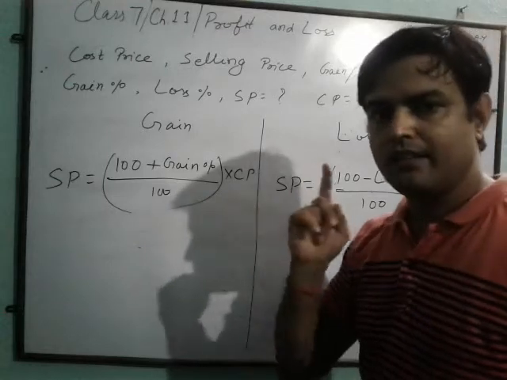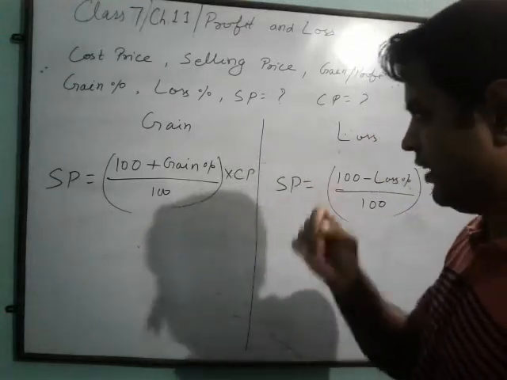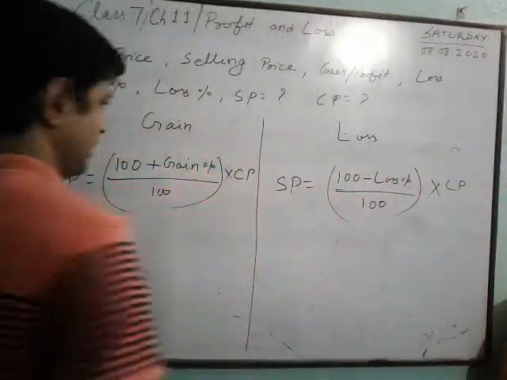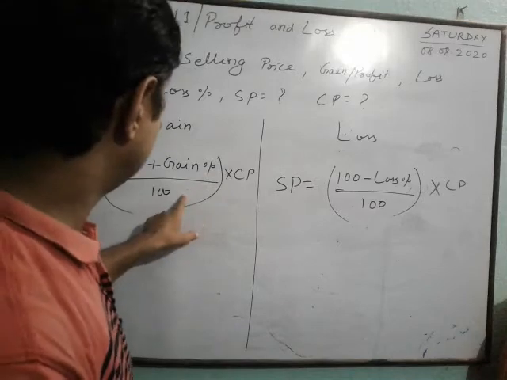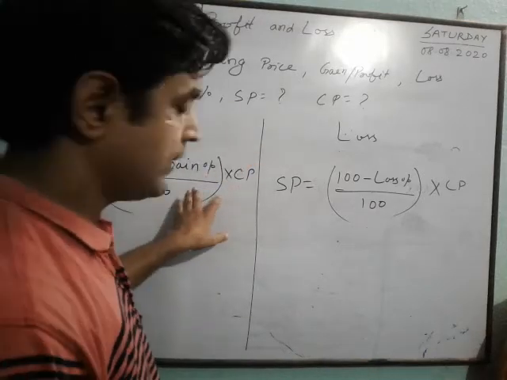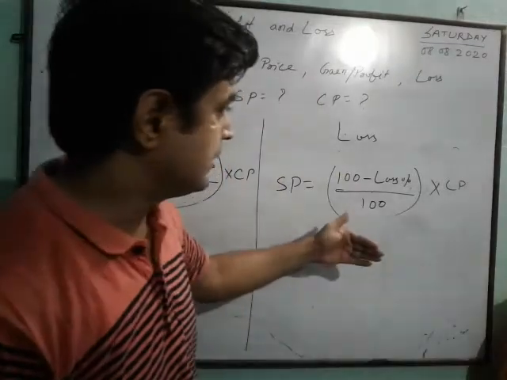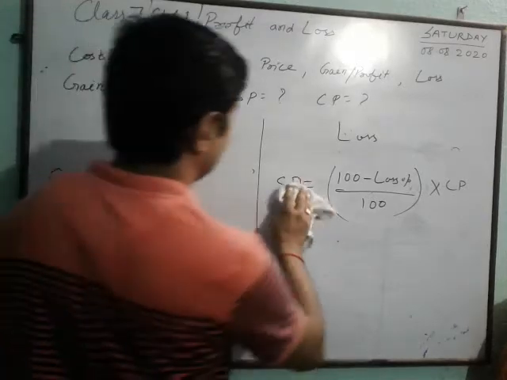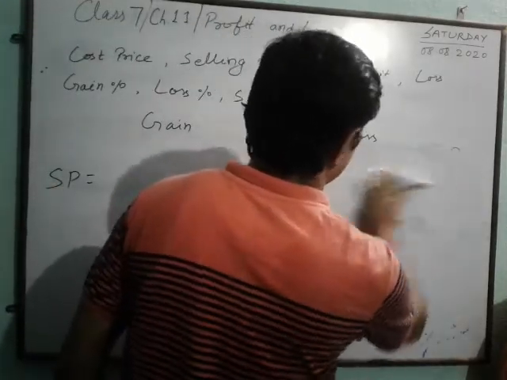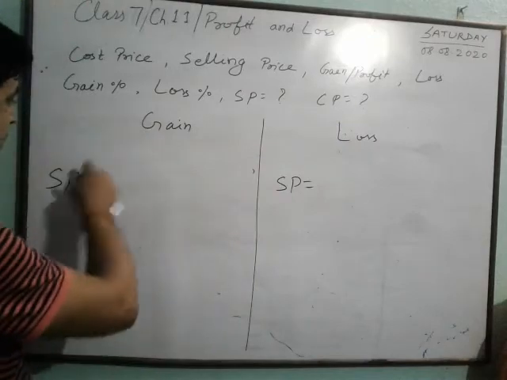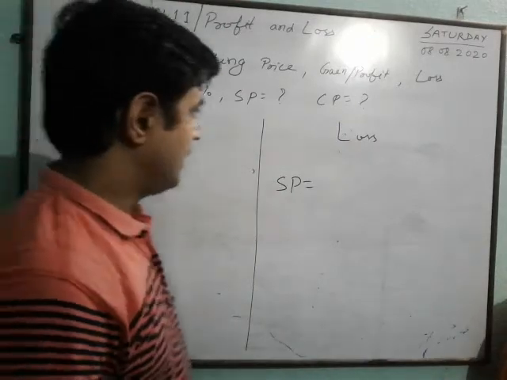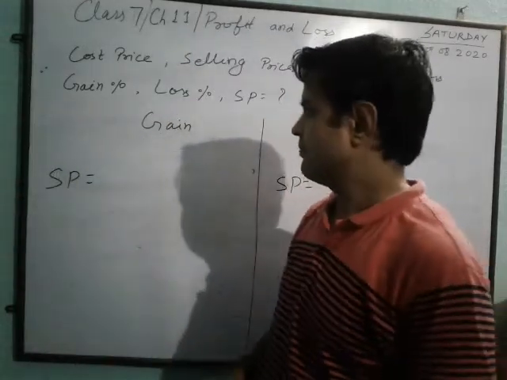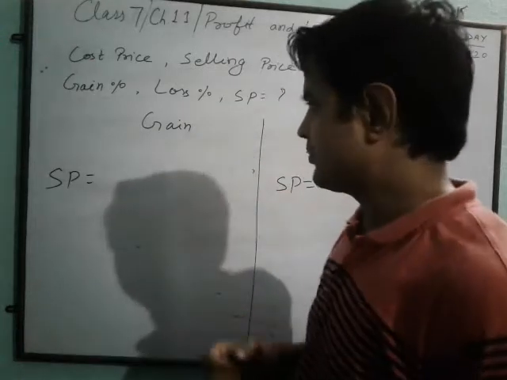So here I will give you a trick by which we can learn the formula. We need to learn only one formula, and by remembering one formula, you can generate the other formula. Suppose in case of gain SP equal to, here I am trying to eliminate your confusion so you can grasp the formula.